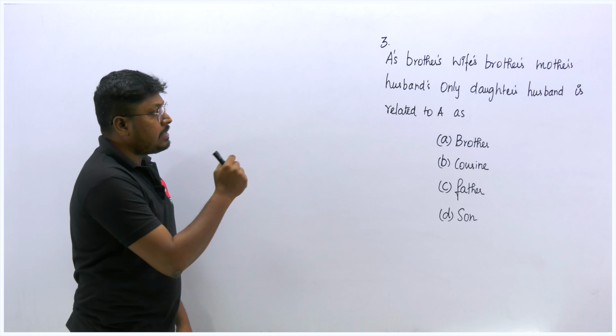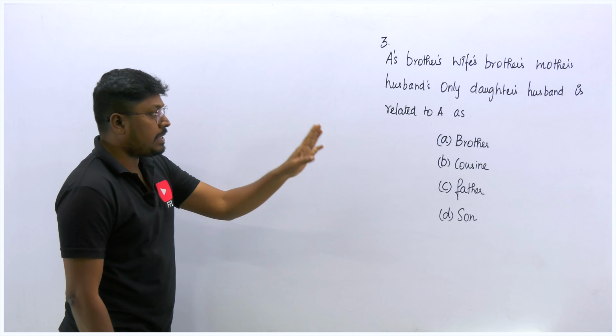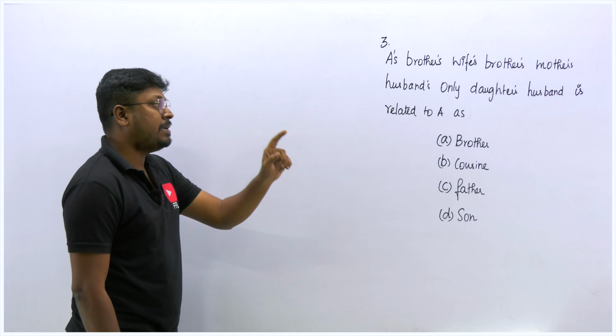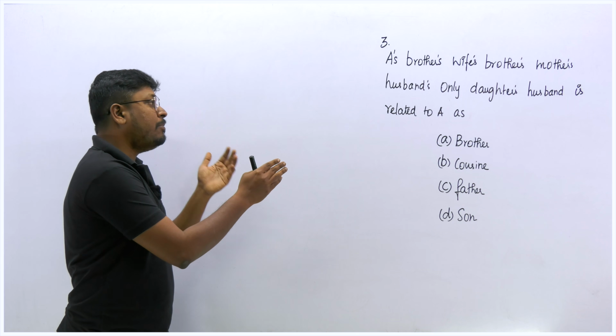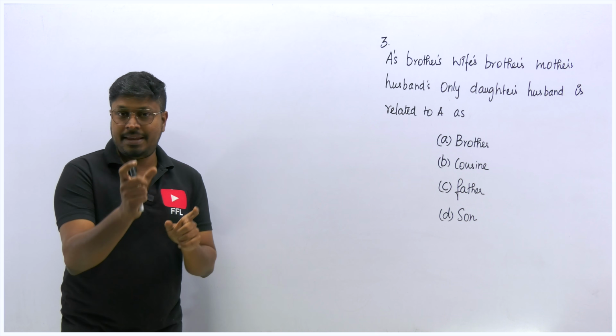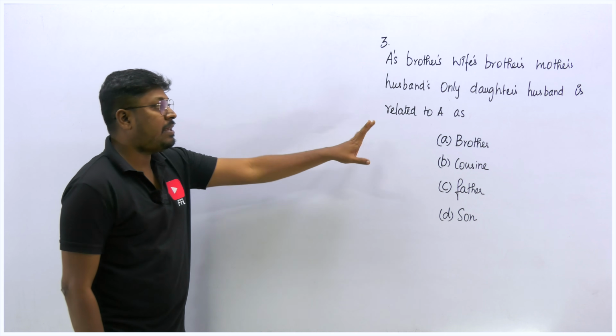So here is the third question. A's brother's wife's brother's mother's husband's only daughter's husband is related to A as? After reading this question, you can see there is no word "my", as well as no "is", "him", "he", nothing in the question.